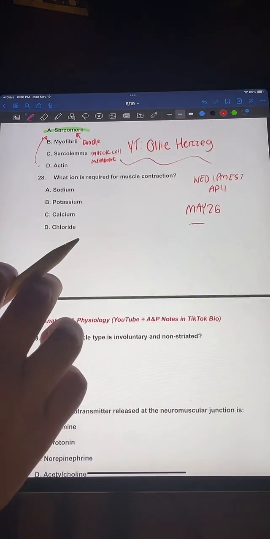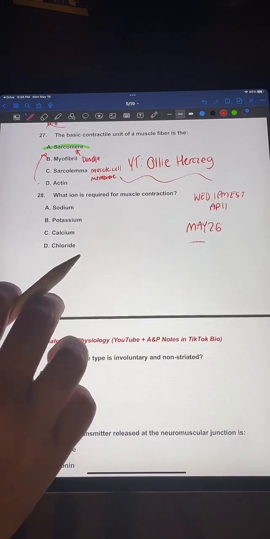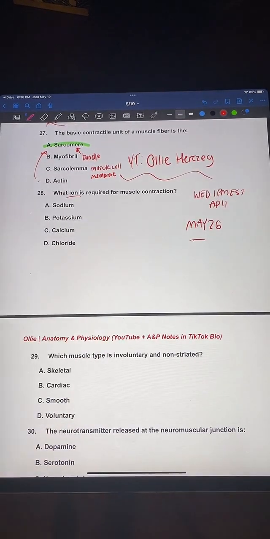Number 28. Which ion is required for muscle contraction? Specifically, muscle contraction. Fantastic.